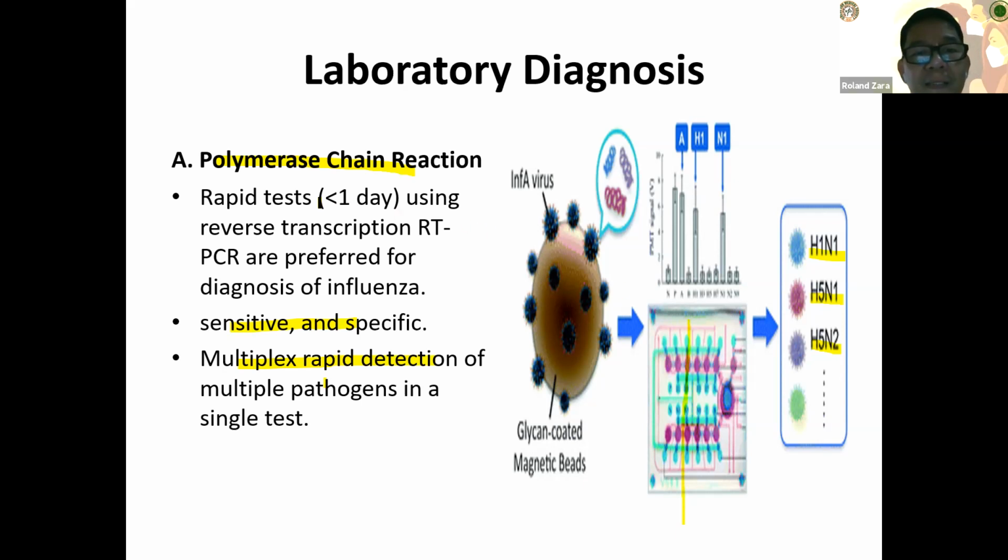Rapid tests taking less than 1 day using reverse transcriptase polymerase chain reaction are preferred for diagnosis of influenza. But for SARS-CoV-2, we only detect SARS-CoV-2 with the RT-PCR, so we don't have a respiratory panel. Only in tertiary centers like St. Luke's and Makati Med do they have this respiratory panel, which can detect 16 viruses or more.